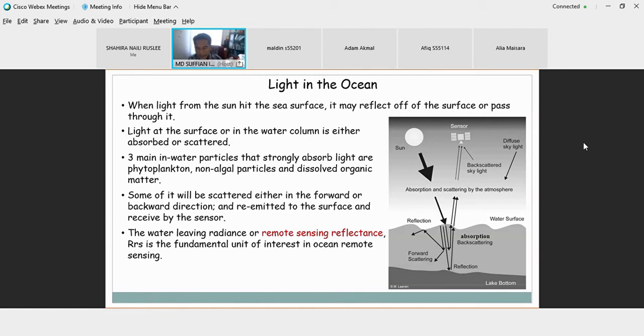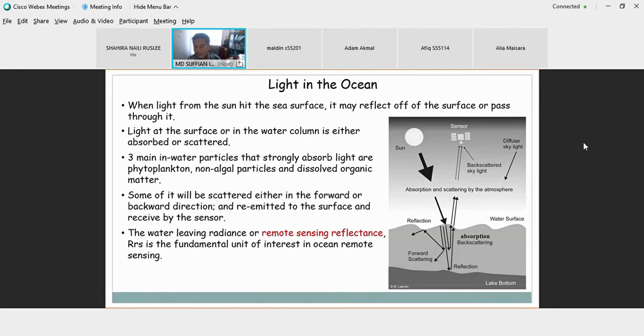Number 2 is non-pigmented particles, sometimes known as NAP, non-algal particles, that means inorganic suspended particles. And number 3 is dissolved organic matter, DOM.